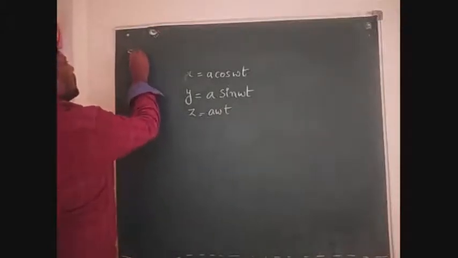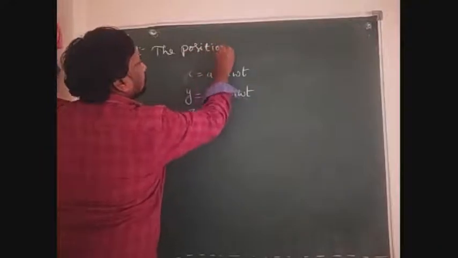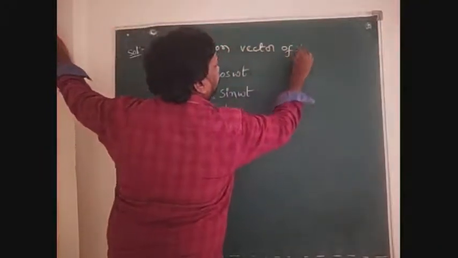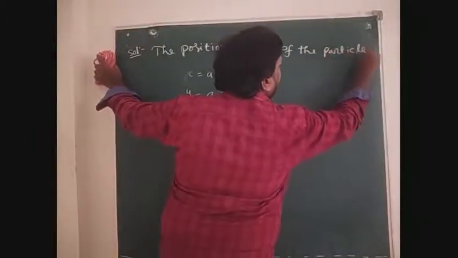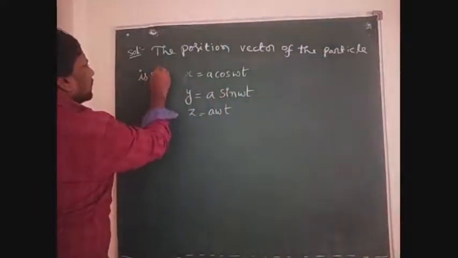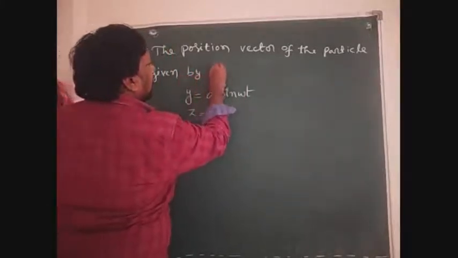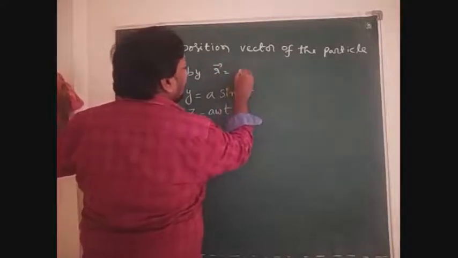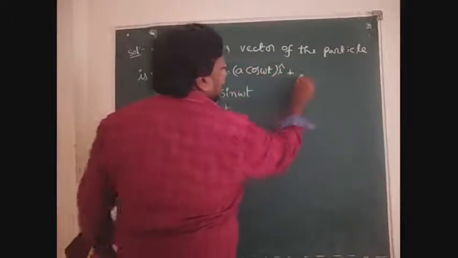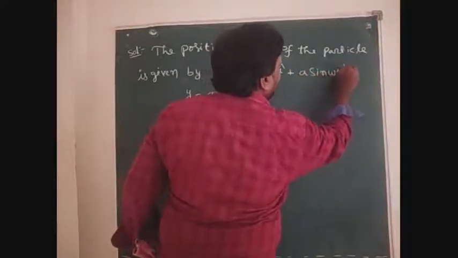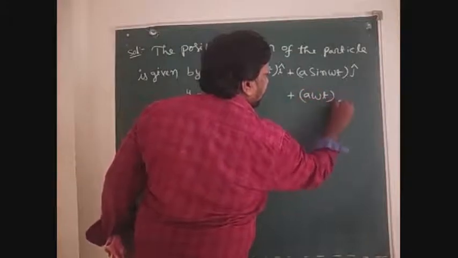Therefore the position vector of the particle is given by r bar equal to a cos omega t i cap plus a sin omega t j cap plus a omega t k cap.